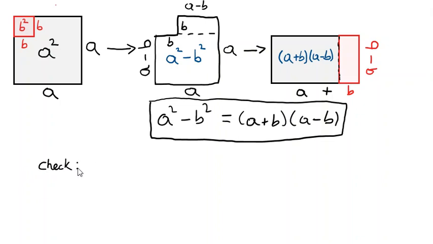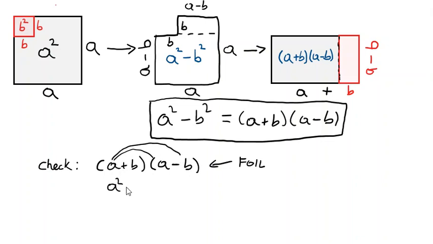But before we use that, let's check if this is correct. What if I have A plus B times A minus B, and I use the FOIL rule? Multiply A times A, that gives me A squared, and then A times negative B gives me negative AB, and then B times A gives us positive AB, and then B times negative B gives us negative B squared.